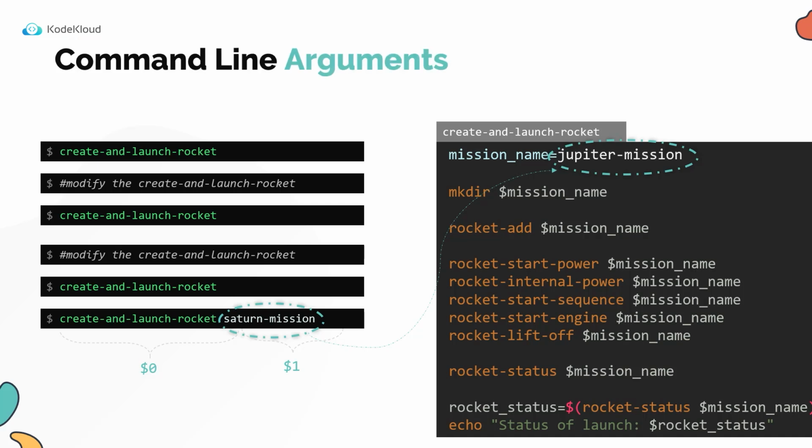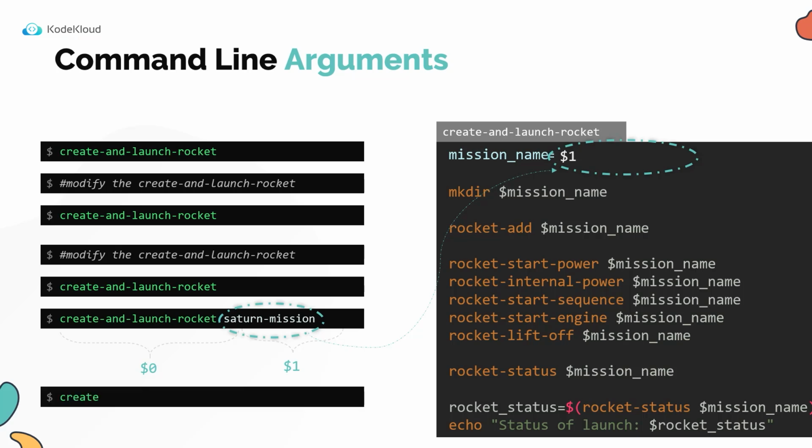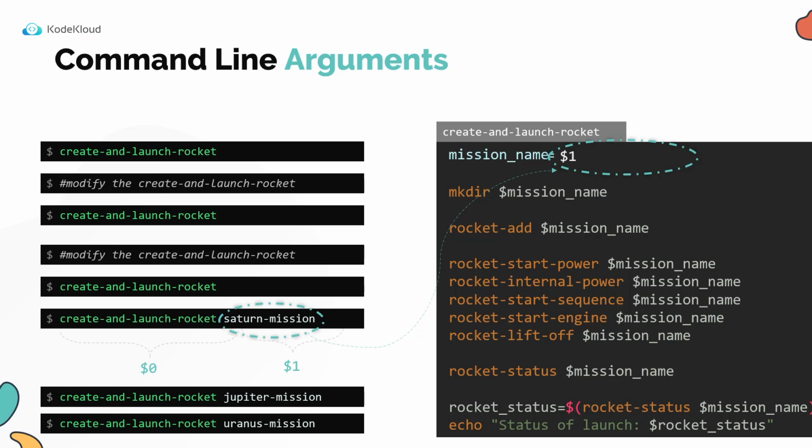So in our case, we can replace the hard-coded mission name within our script with the built-in variable $1. So going forward, for all missions, we can simply call the script and pass in the name of the mission as a command line argument and never ever have to modify the base script ever again.